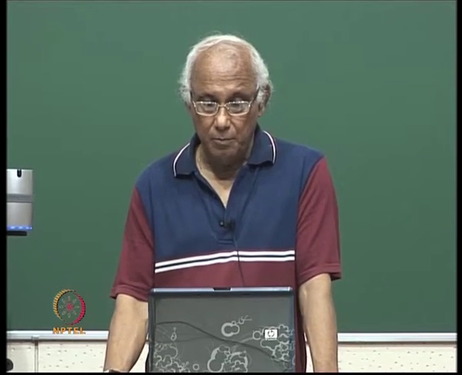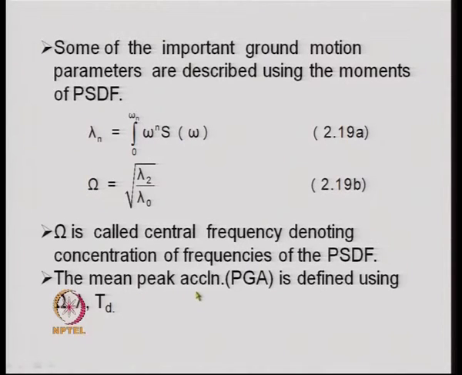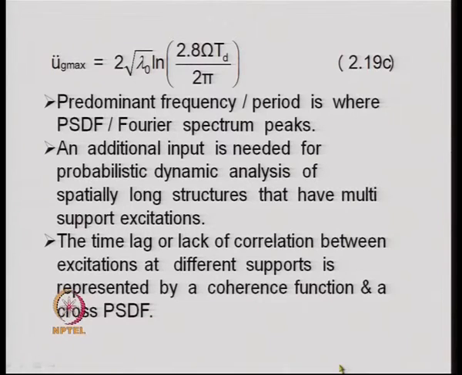we obtain this value. The mean peak acceleration, that is peak ground acceleration, is defined using these three quantities, that is the value of the capital omega, the duration time t, and the lambda 0 value, and is defined by this equation.